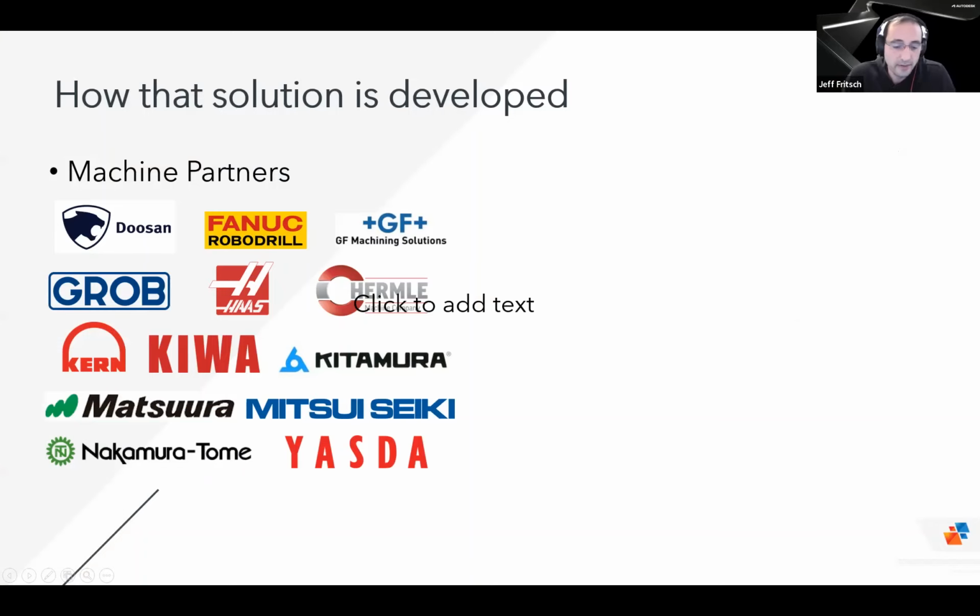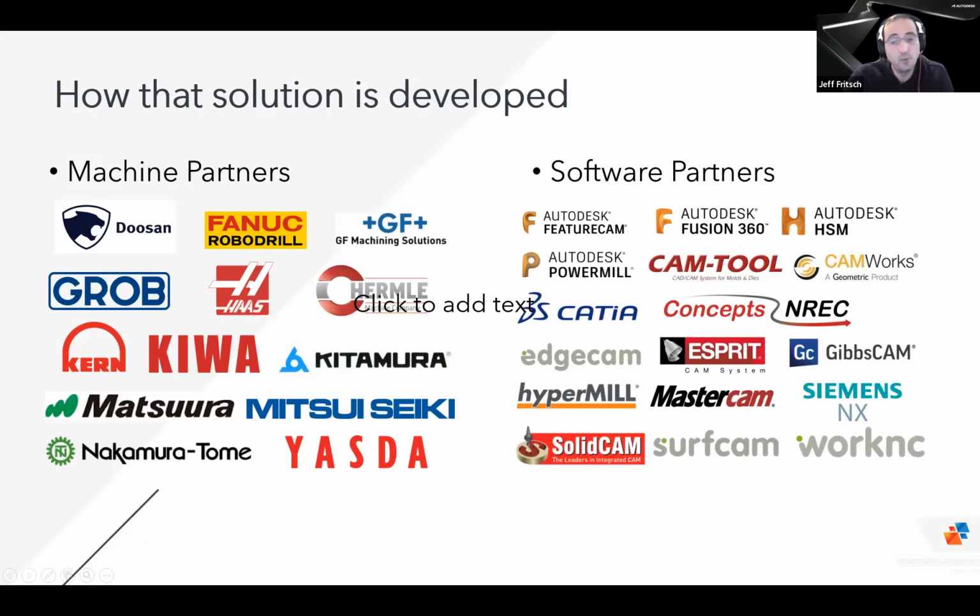So to develop that solution, we've been working directly with some particular machine builders to really cover the entire line of machines and the entire capabilities of that equipment, and making sure that on the software side, we're able to support those equipments in the same way, to really drive all of those movements for that particular equipment.